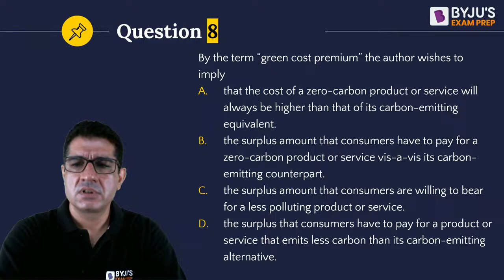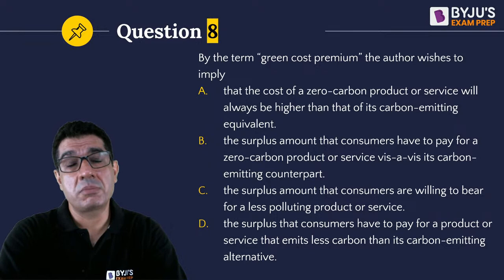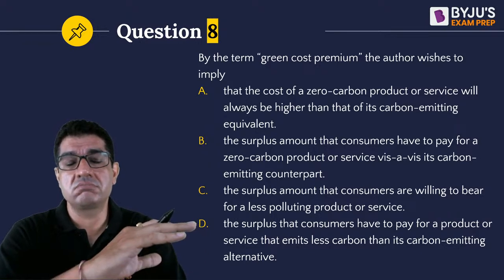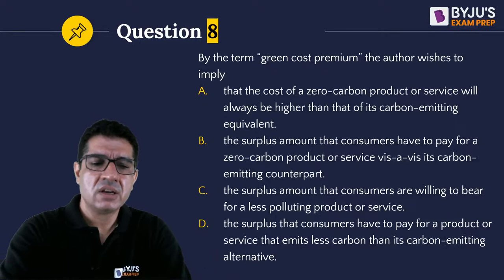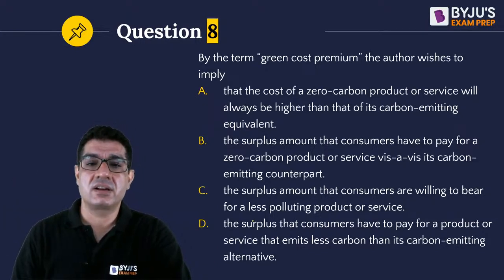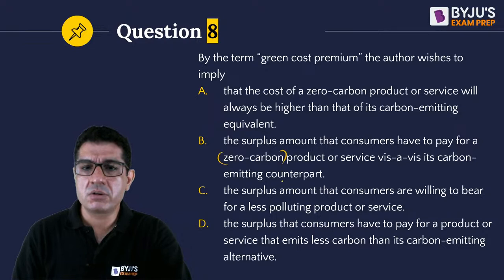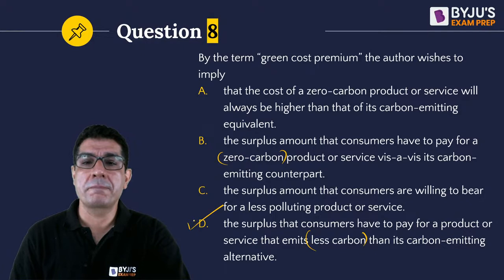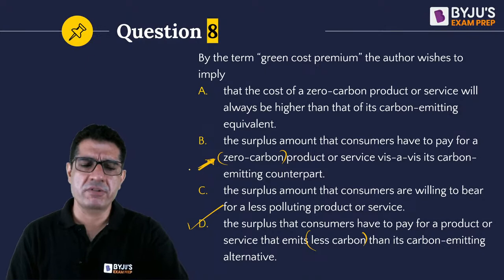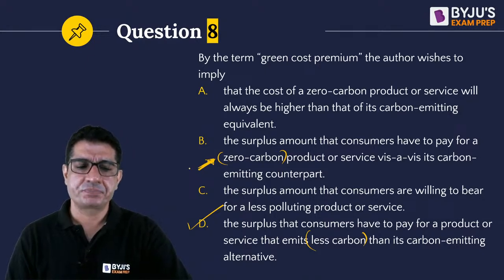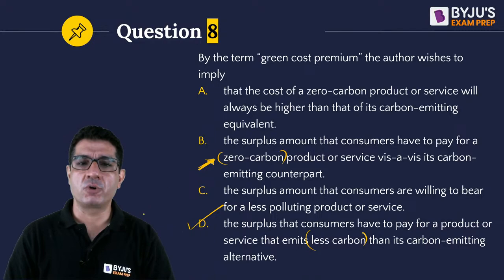No. It is a premium that we need to pay to reduce the amount of emissions, and not necessarily to zero. So I think going by this, we should prefer D over B. The premium won't happen only when you make the carbon zero. You'd have to pay for it even before that, right? And that's why D should be preferred over B.